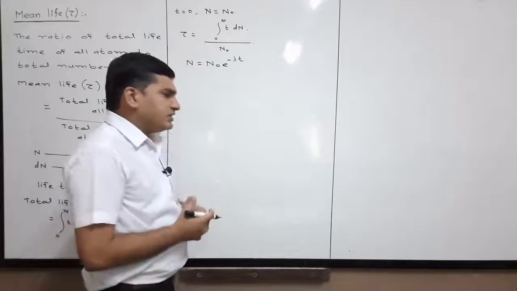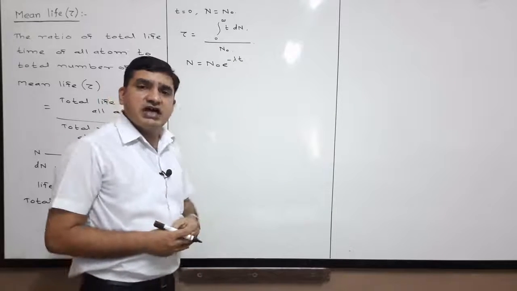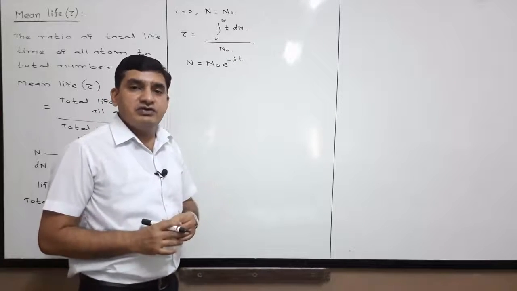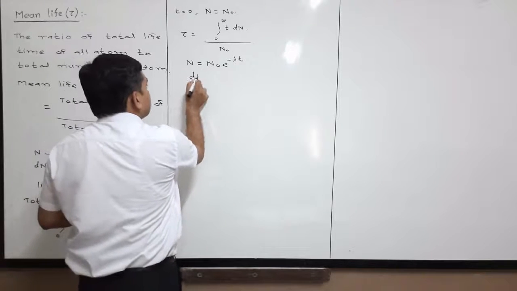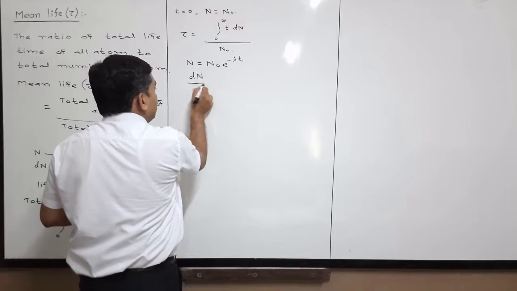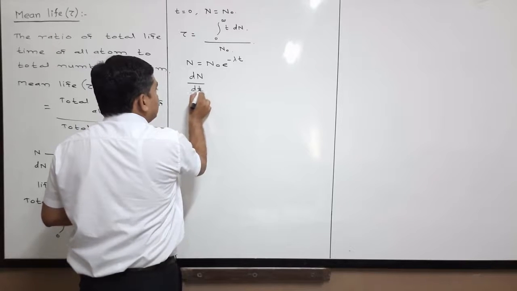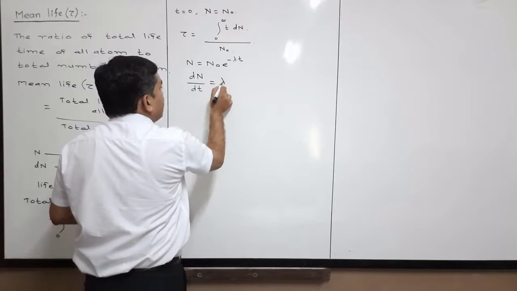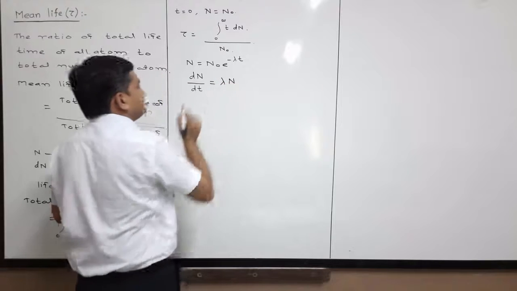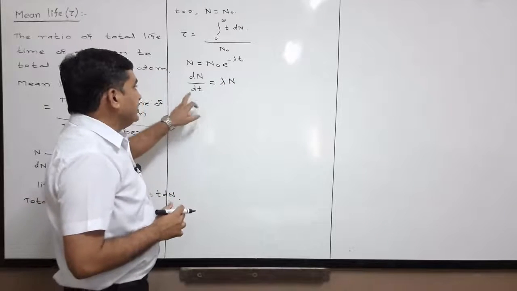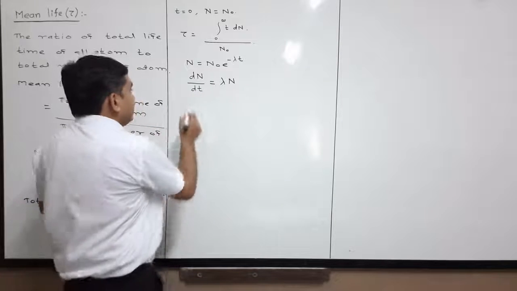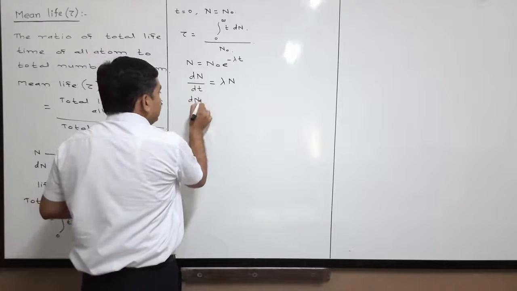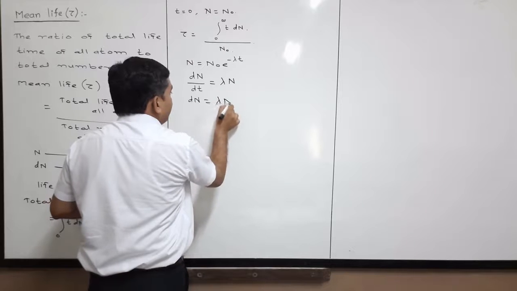We also know that the rate of disintegration is directly proportional to the number of radioactive nuclei present at that instant, so considering magnitude only, dN upon dt is equal to lambda into N, and therefore dN is equal to lambda N dt.